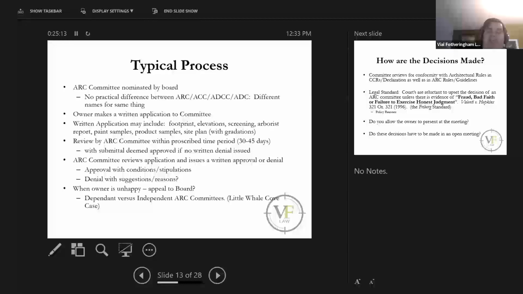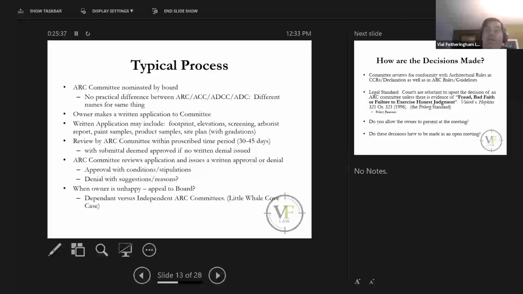But other sets of governing documents will have this time period in, but will not have the follow-up clause which says if you don't respond within that time, then you automatically have approval. There may be other remedies, but approval is not automatic. So you need to look and see what your documents say.